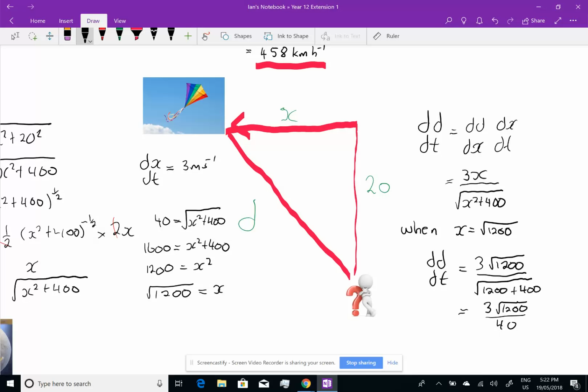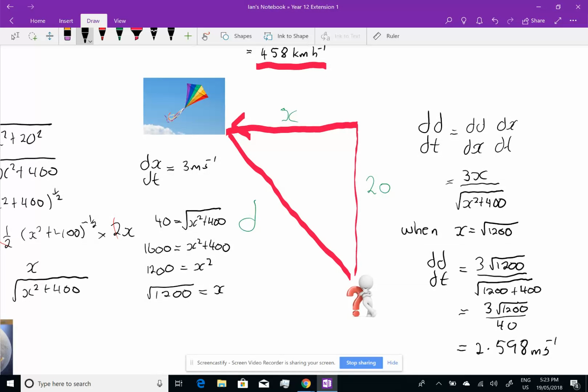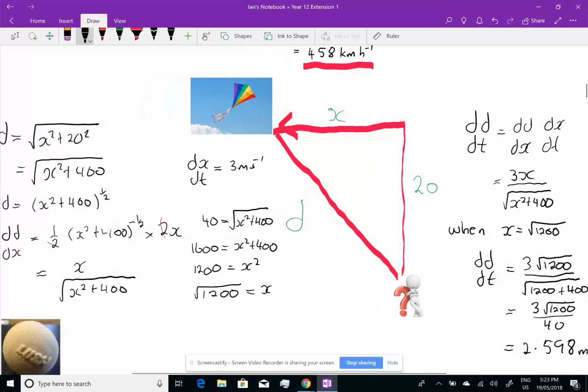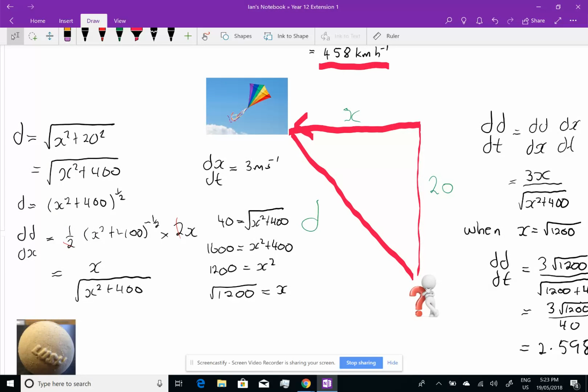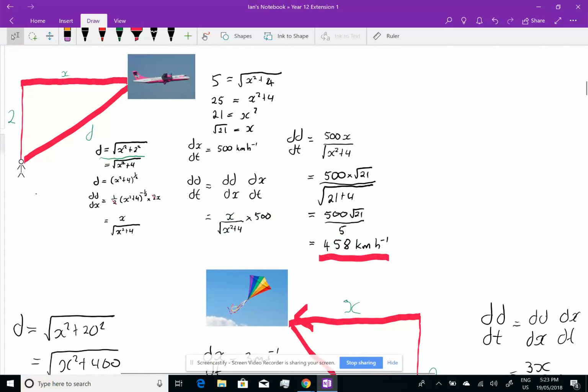If I pump that into my calculator, it will give me 2.598 metres per second.